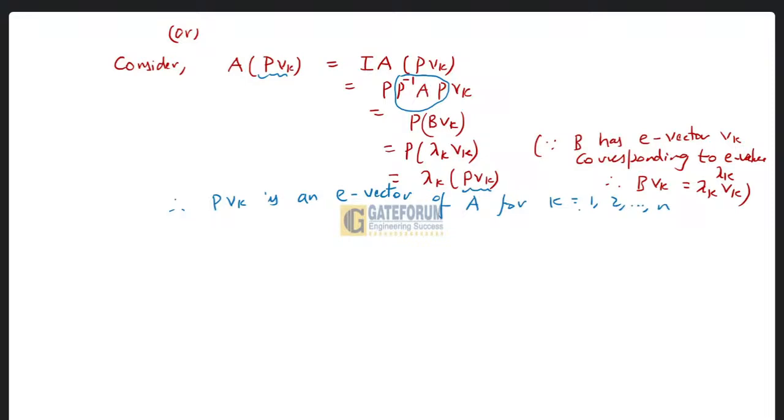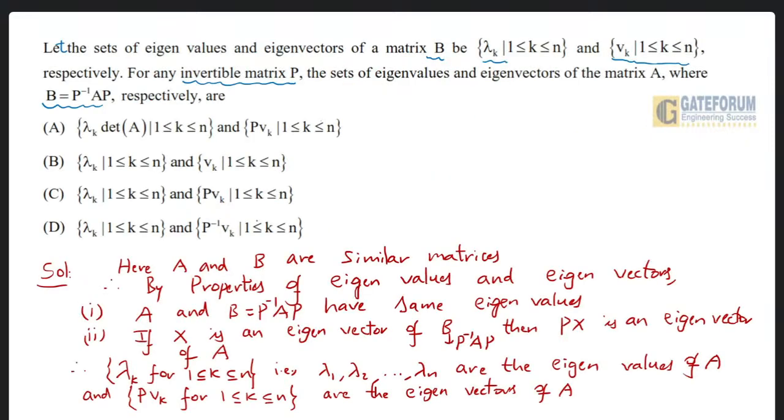So finally P into Vk and lambda k is the set. This set is eigenvalues and this set is eigenvectors. So accordingly, the answer is option C. This is the end of the question.